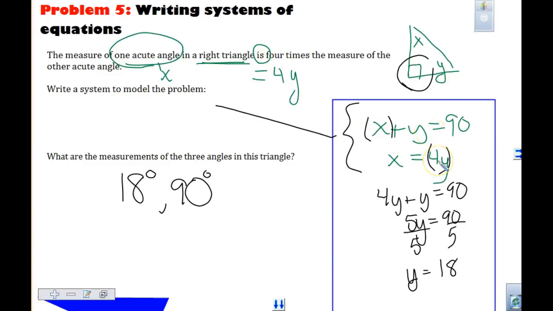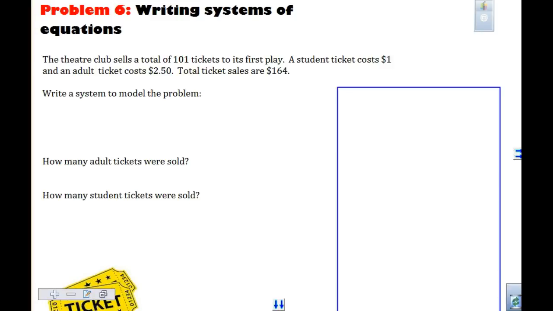Or I could take 4 times 18. Does it matter which way you do it? No. 18 times 4 or 90 minus 18 gives us 72. Get all 3 answers. The last one, we are not going to solve it. We are just going to write it.